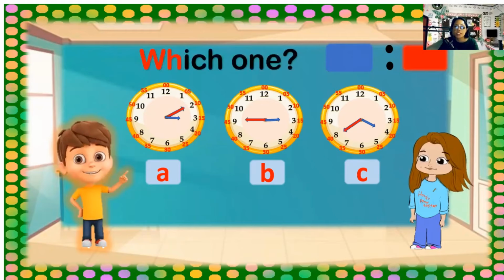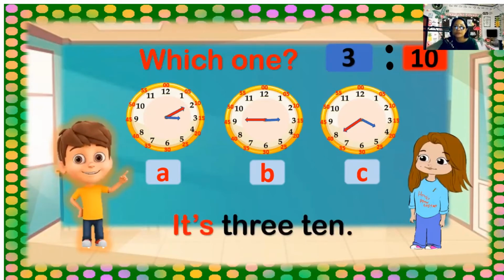Which one? It's 3:10. So you have to check the short hand and the long hand.